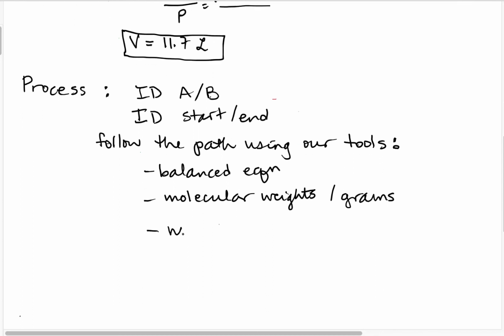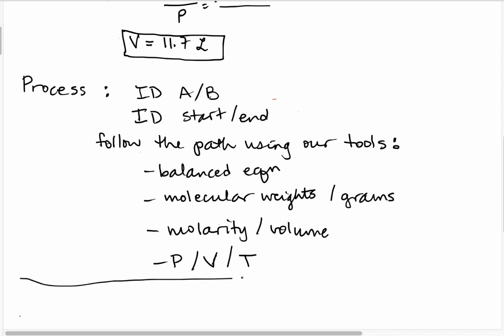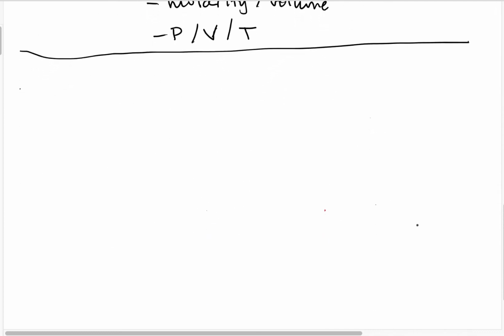We might use molarities and volumes, and we might use pressure, volume, and temperature in order to get us to moles. So any of these tools are available to us. So let's go ahead and try another example and see how it goes. We'll see if we can do that with a little more independence this time.